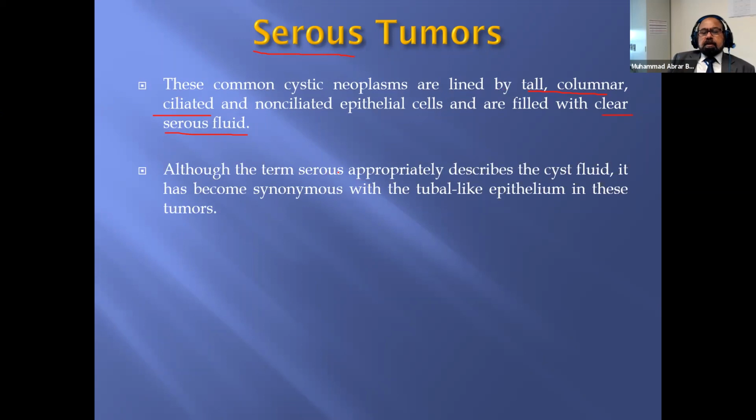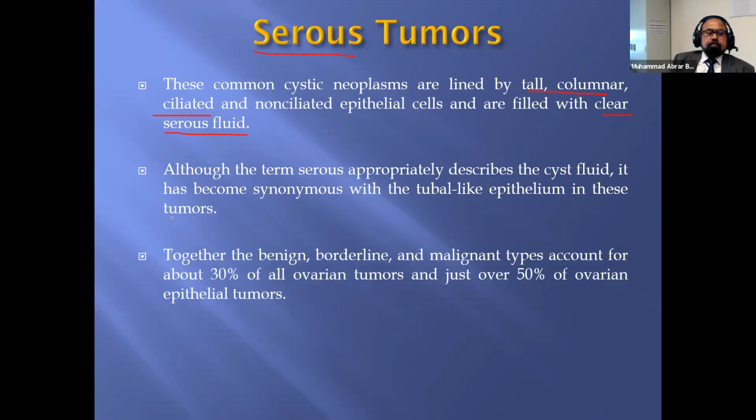Although the term serous appropriately describes the cystic fluid, it has become synonymous with the tubule-like epithelium in these tumors. They suggest that probably the fallopian tube or fimbrial end attaches to the ovary, and some tubal epithelium starts proliferating there and causes this tumor.